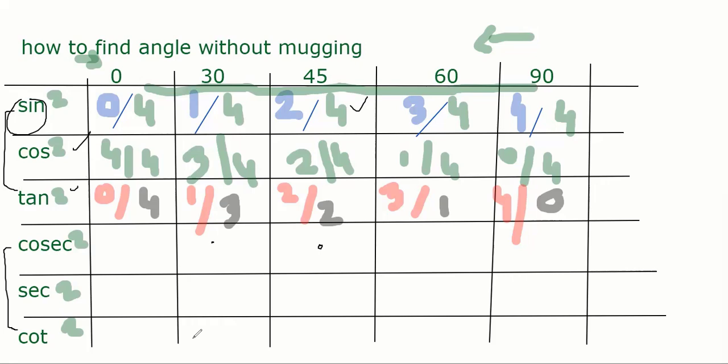Quickly write. 1. Quickly. What is the value of cos 60? Cos 60.